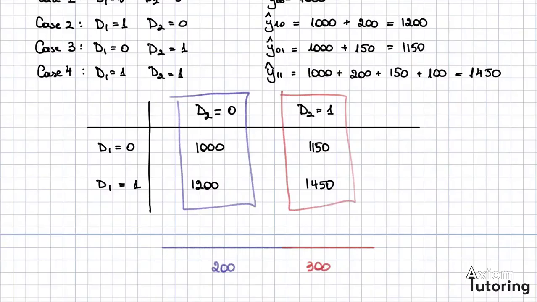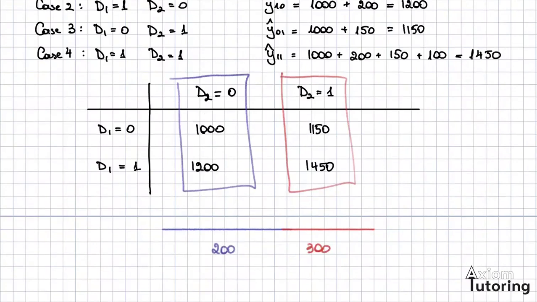So notice very clearly in here, when we look at the effect of employment when not trained or when trained: when you are not trained, you have a 200 difference. When you are trained, instead, the difference in income is 300.